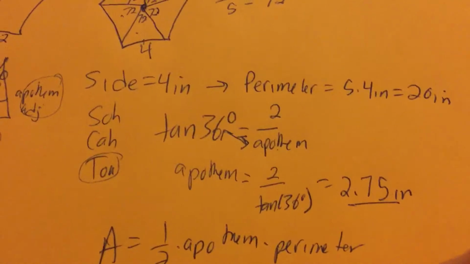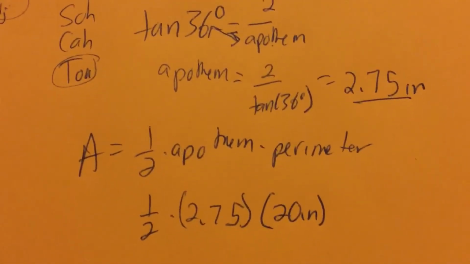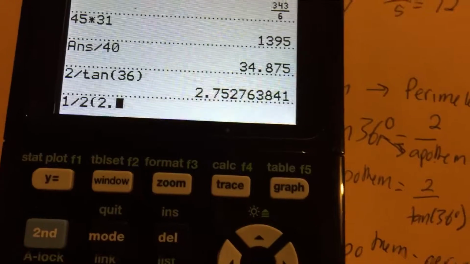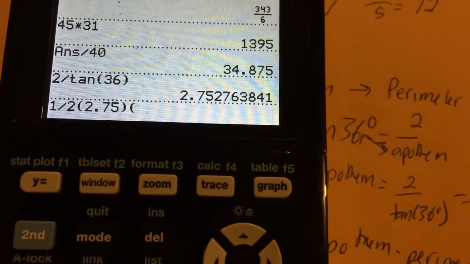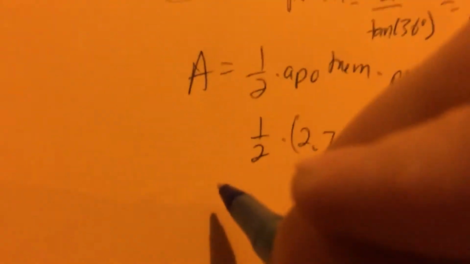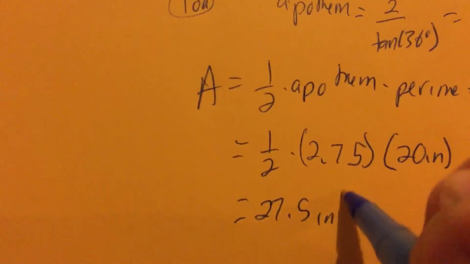So 20 inches. There's a lot of steps on these problems. So now I'm going to quickly do that in my calculator. I'm going to do 1/2 times 2.75 times my 20 inches, and I'm going to get 27.5. And my area for this shape is 27.5 inches squared.